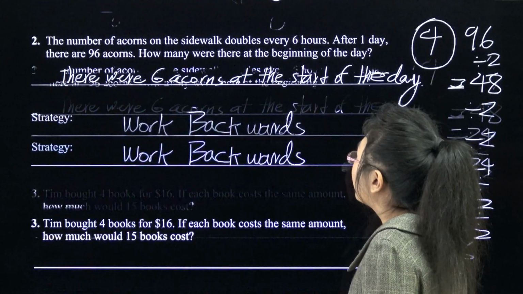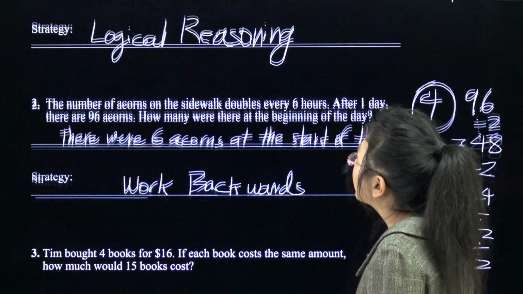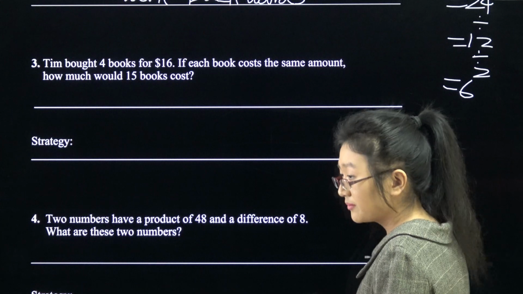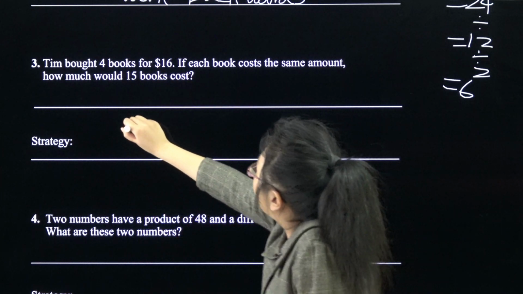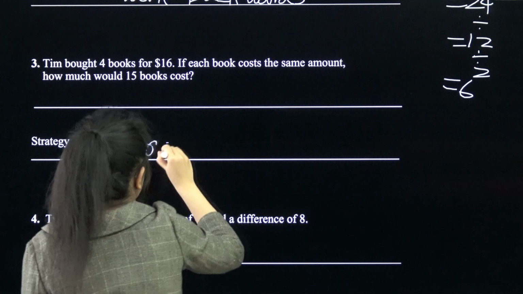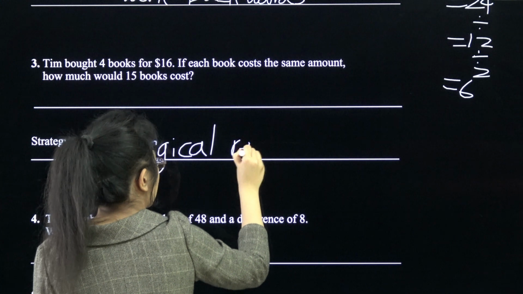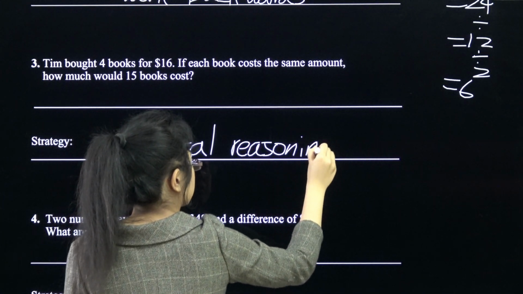What are the strategies again? Well, we could use logical reasoning, or we could solve simpler problems. Now, what's 16 divided by 4? 4, right? So each book costs the same amount, which means that each book costs, well, $4.